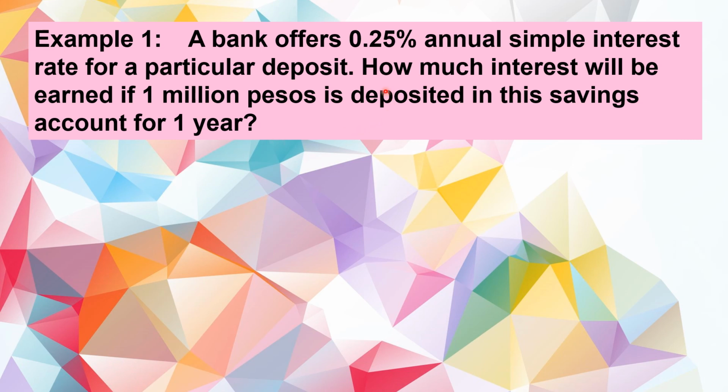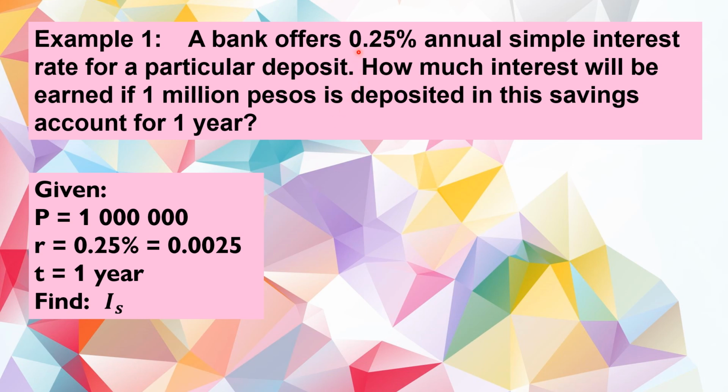So what is being asked in the problem is how much interest. So we are going to find the simple interest. What are the givens in the problem? We have 0.25%, and 0.25% is our interest rate. Note that in solving, we must convert percentage into decimal.